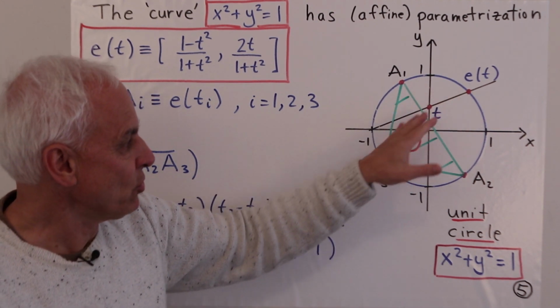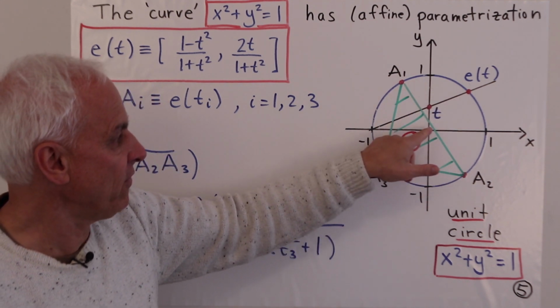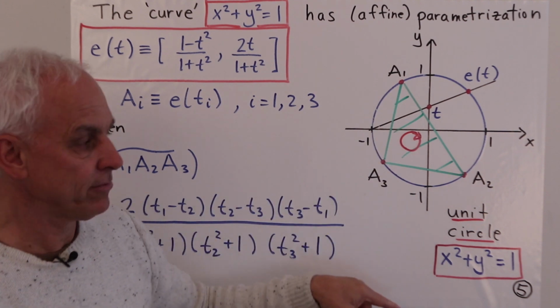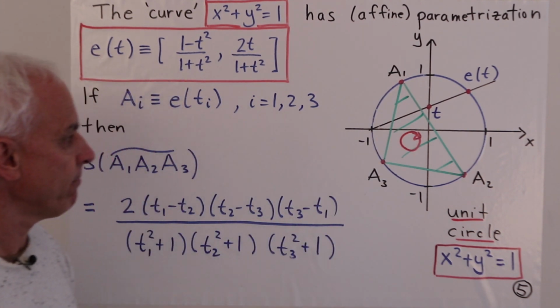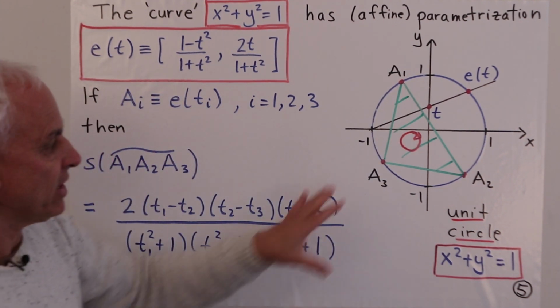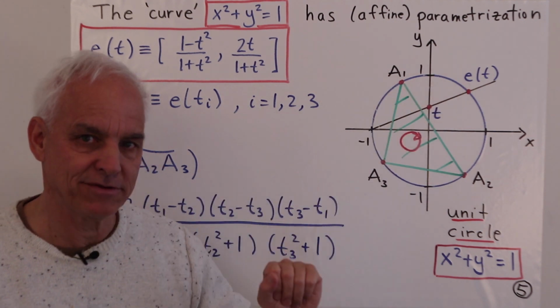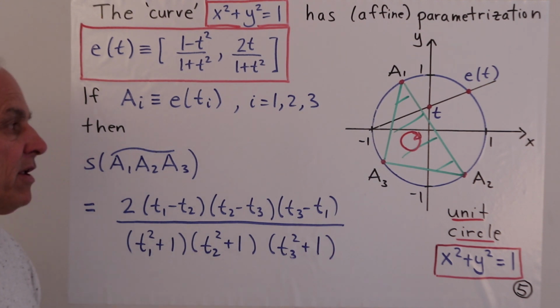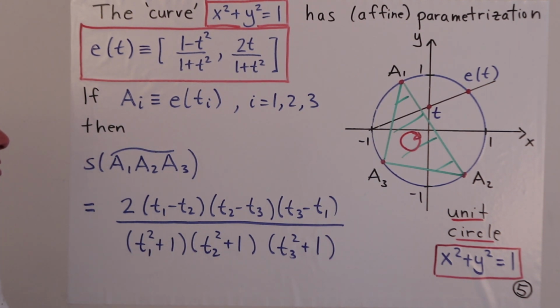So that shows geometrically what the dependence of the point e of t on the number t is. Okay, so let's just adopt that rational parametrization. We'll talk about that and derive it in the worked problems.